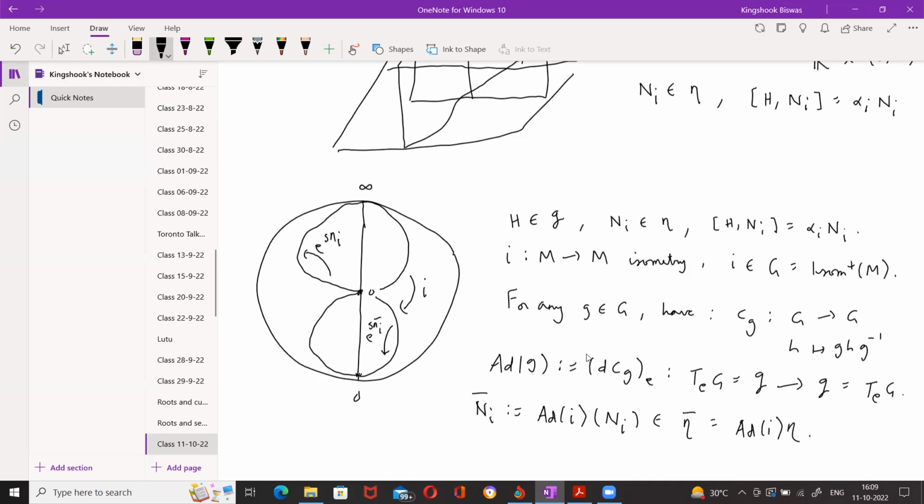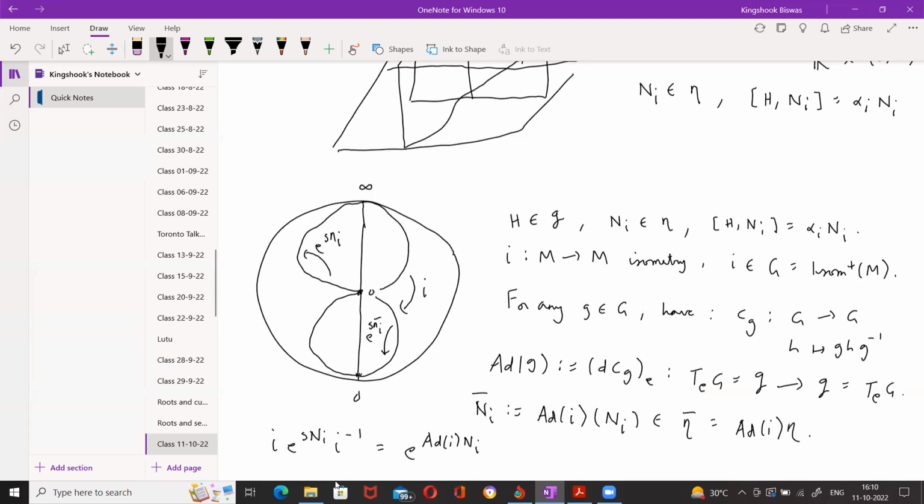E to the s N_i bar is going to act on the lower horosphere. Because after all, I e to the s capital N_i I inverse is equal to e to the Ad I of N_i. So the lower horosphere will be acted on by N_i bar.